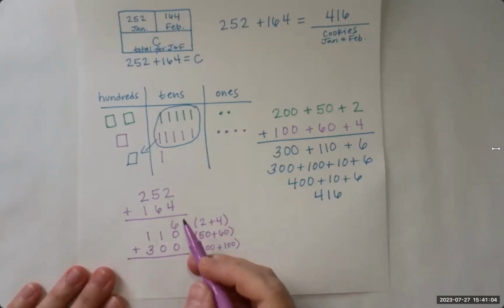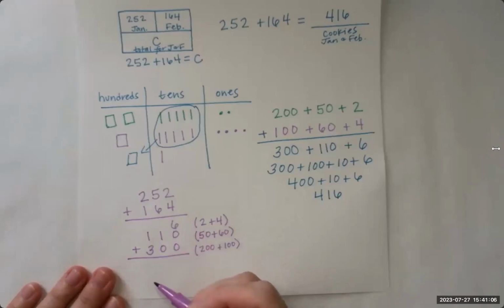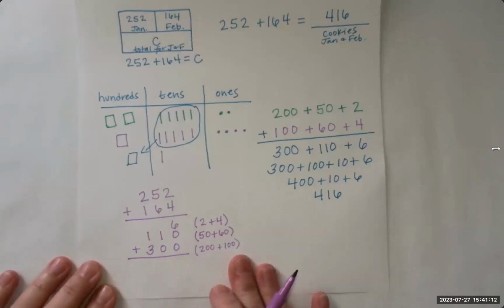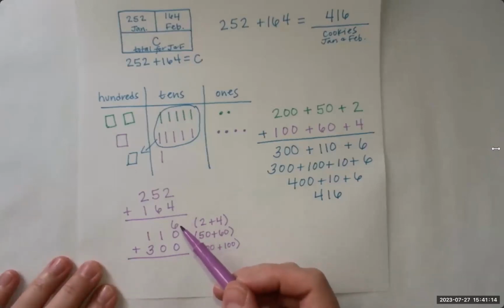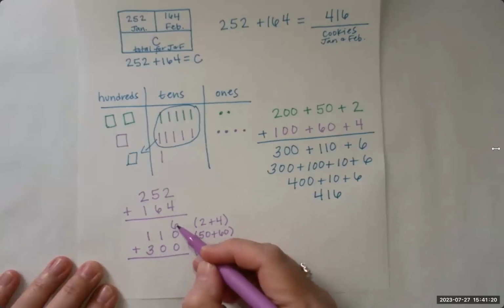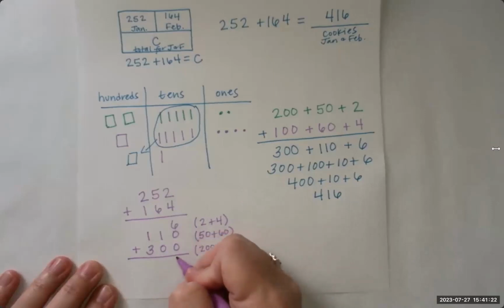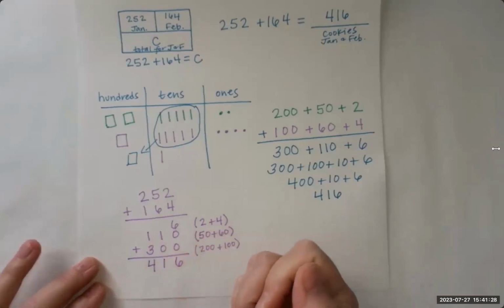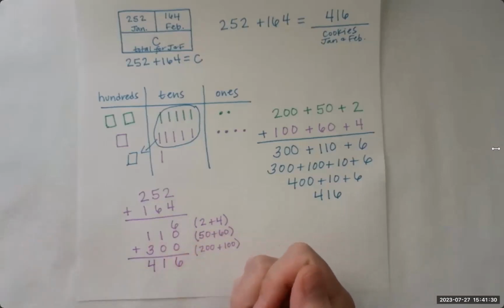And then I'm going to add my ones, my tens, and my hundreds. Again, teachers, it's very important to use that correct vocabulary here, so students know that the 6 represents 6 ones. This one represents 110. However, this one represents 100. So I have 6 ones, 110, and 4 100s or 400s.